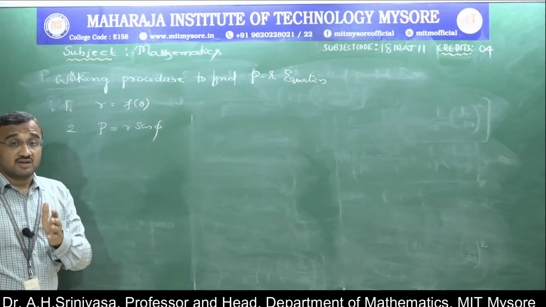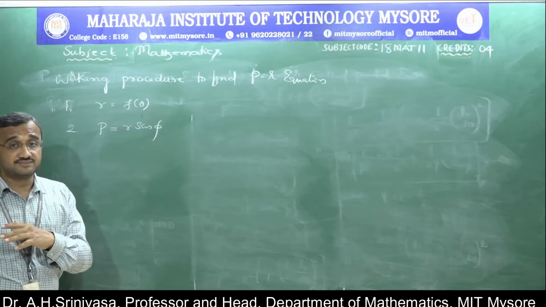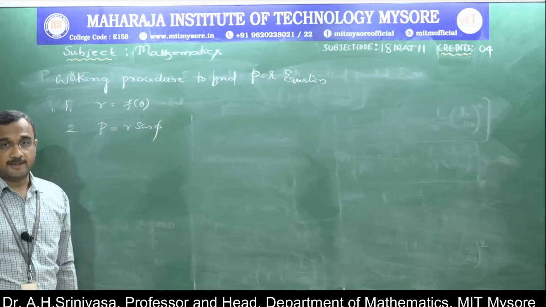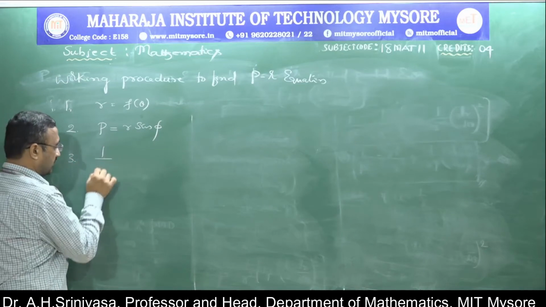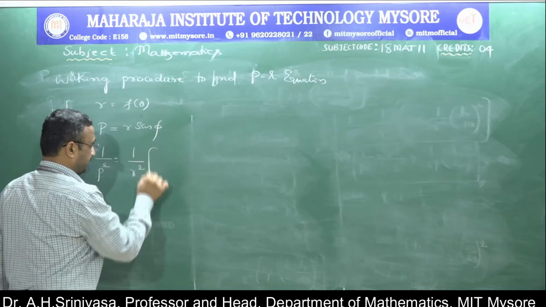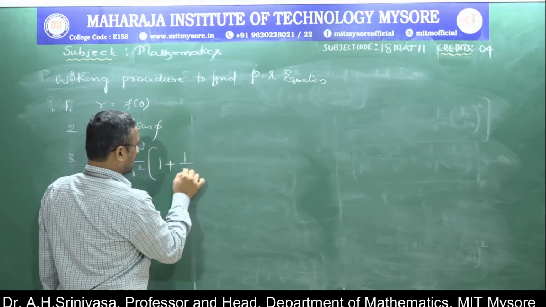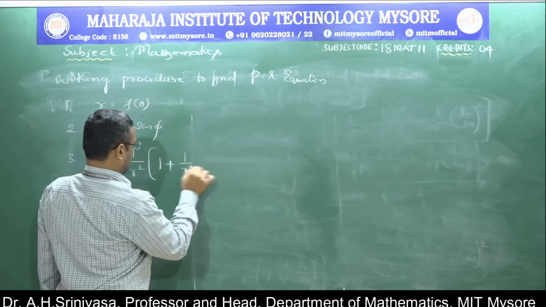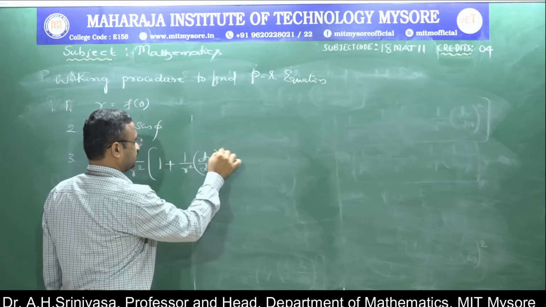If phi is obtained very easily, you can use this formula. Sometimes if you don't get the value of phi directly, in that case you have to use this formula for the Padal equation: 1 by p square equal to 1 by r square, then 1 plus 1 by r square into dr by d theta whole square.